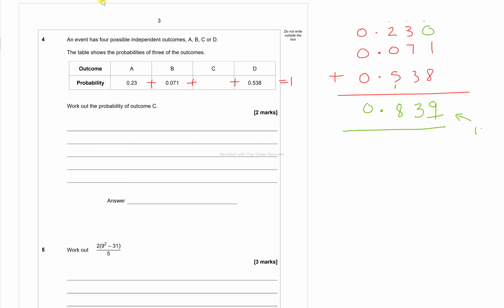I've got 1,000. I'm going to take away 839. That's what I'm going to do. But what I'll do is I'll do it the conventional way. So I'm going to do 1.000 take away 0.839. Where did I get that 1 from? Remember we said everything should add up to 1.